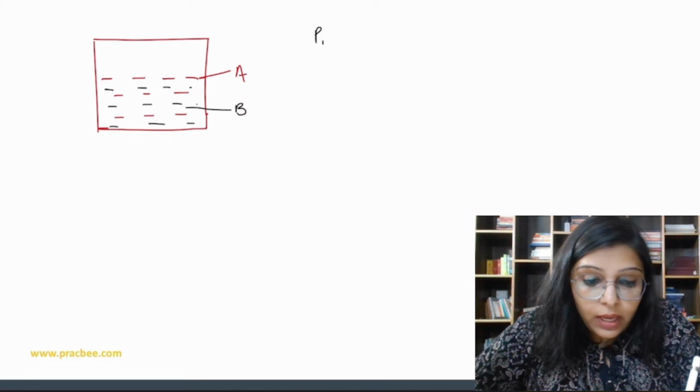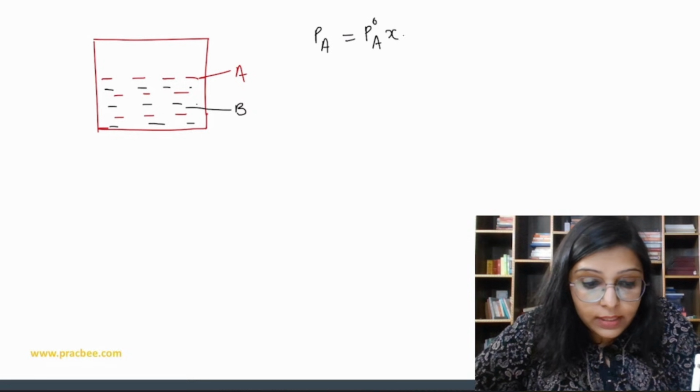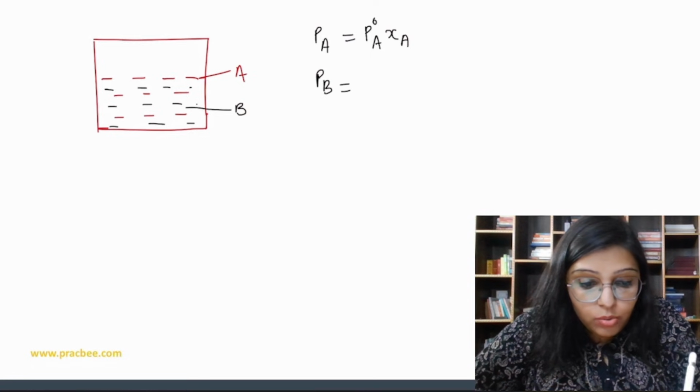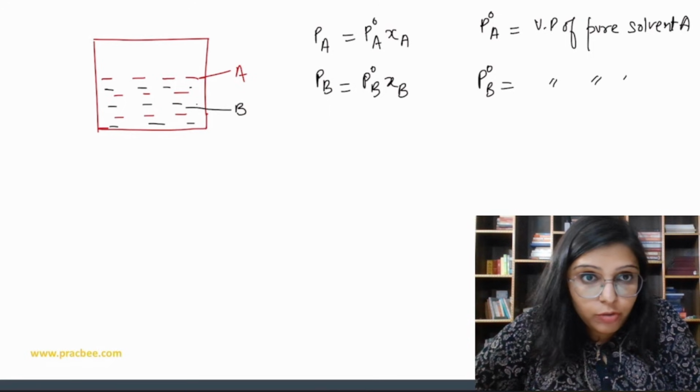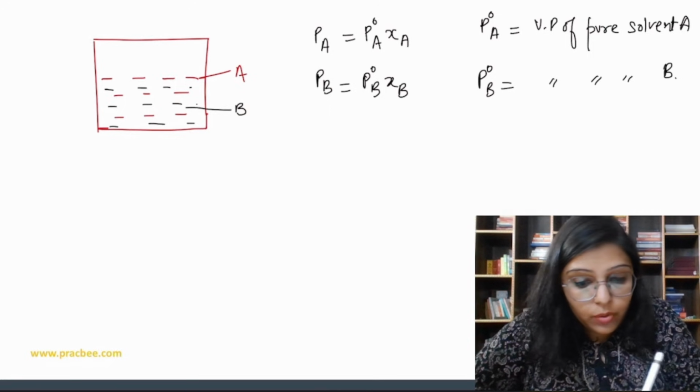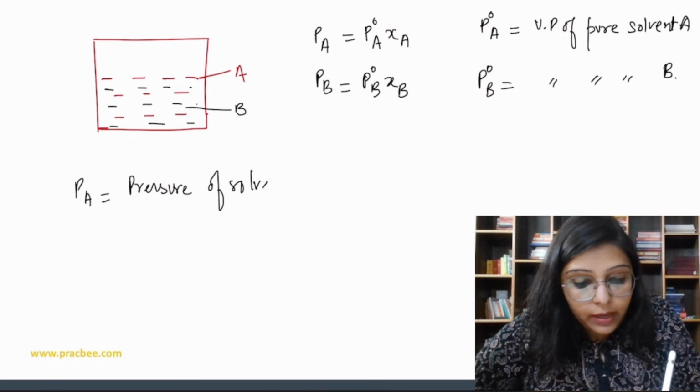So pressure of A in a mixture is equal to P naught A XA and PB is equal to P naught B XB. P naught A is equal to vapor pressure of pure solvent A. P naught B is equal to vapor pressure of pure solvent B. PA is equal to pressure of solvent A in a solution.